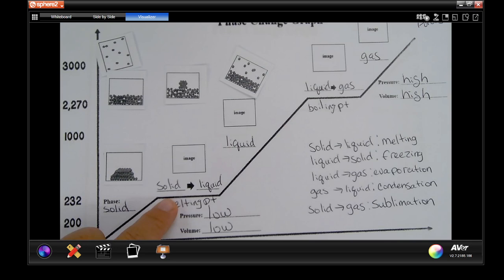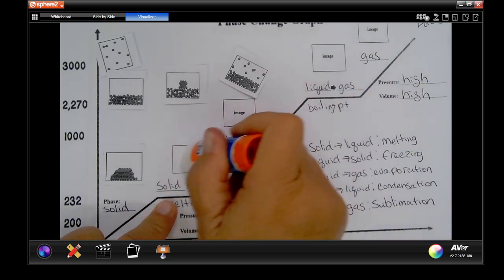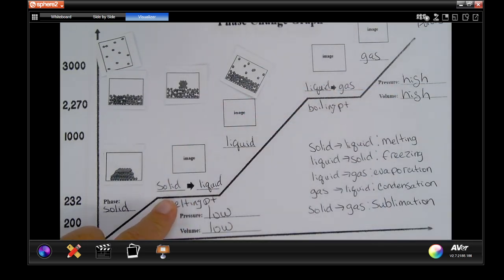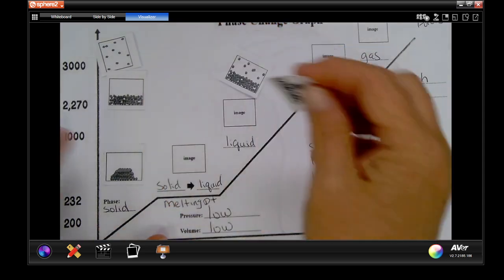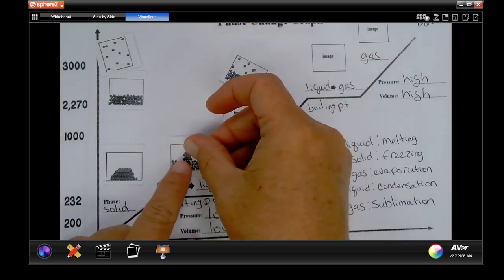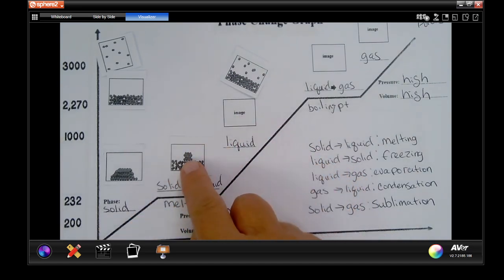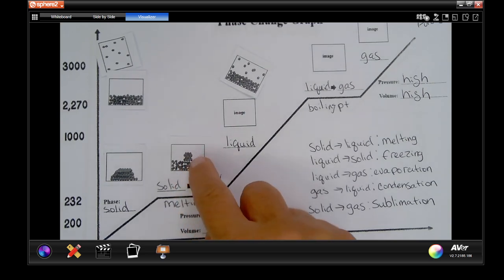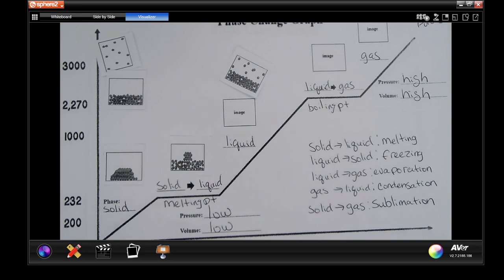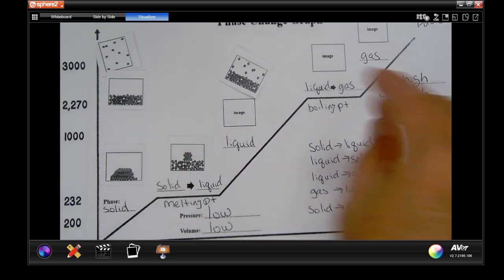But when we're going from a solid to a liquid, we have 2 phases. Liquids are farther apart, right? We're increasing the energy. We're breaking those IM forces. And so when we're going from a solid to liquid, we would have both represented. You might have, just like you have on my table, a piece of ice with a bunch of water underneath it, right? Notice this is a solid, really close together, all those atoms, and then the liquid is underneath.